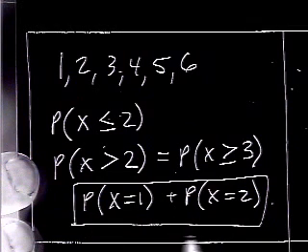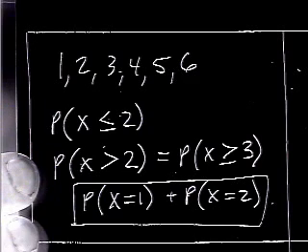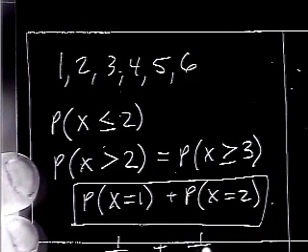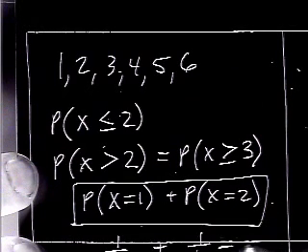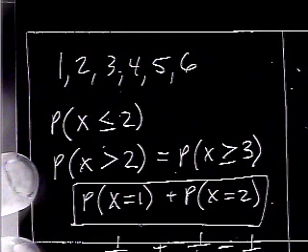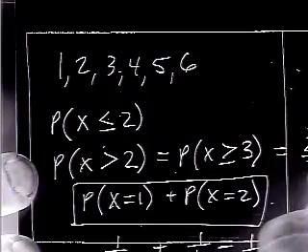So the probability of rolling a 1 is 1 out of 6. The probability of rolling a 2 is 1 out of 6. So the probability of rolling a 1 or a 2 is 2 out of 6, or 1/3. That must mean that the complement would be 2/3.